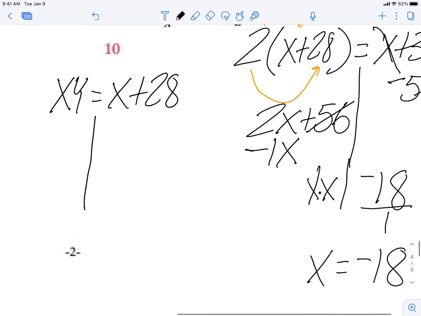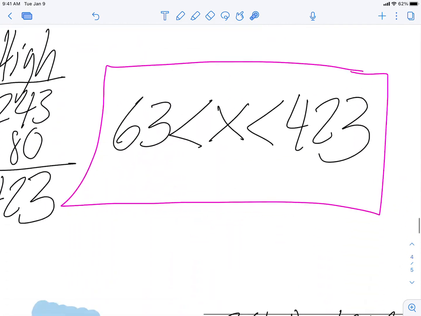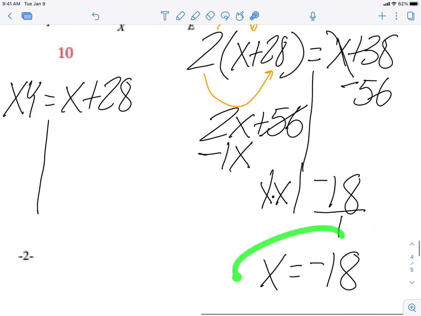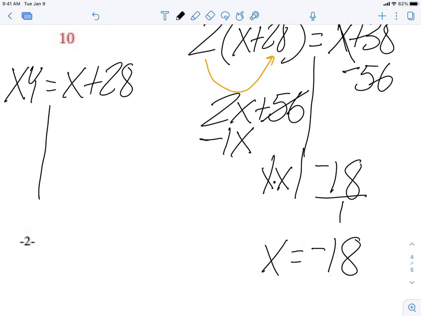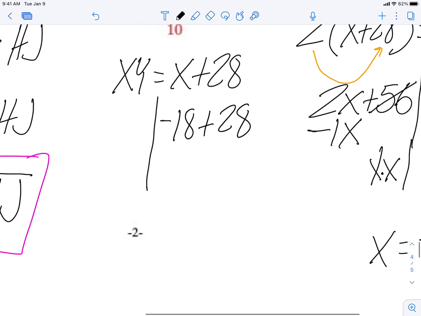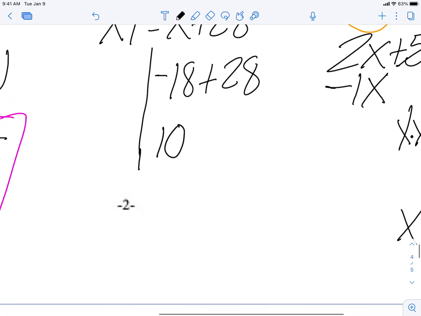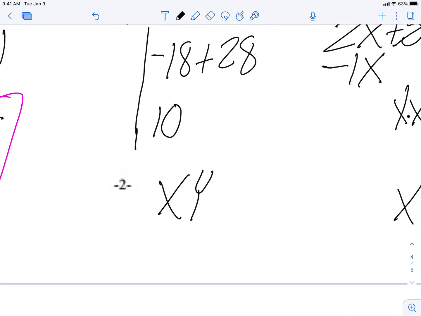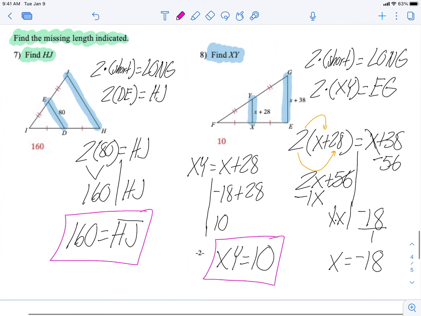That means that x is equal to negative 18, so x is going to go right there. So I'm going to plug in negative 18 plus 28. Different signs, so I have to subtract them. 28 minus 18 is 10. So that means that xy is equal to 10. Look at that. And that is number 8.